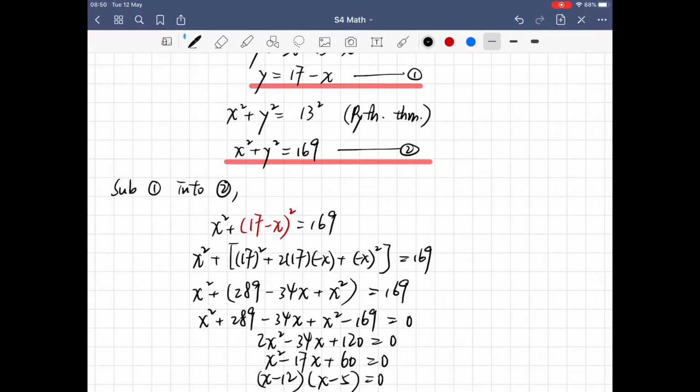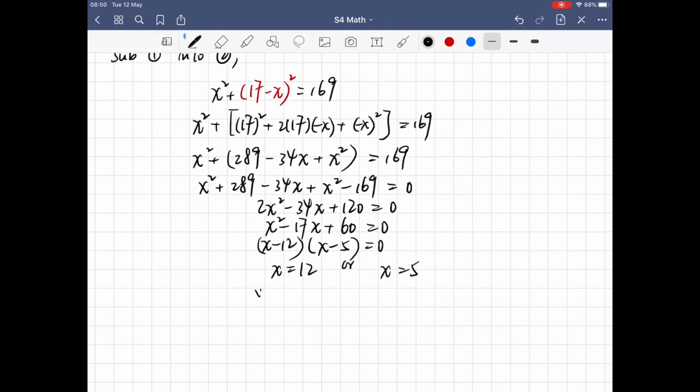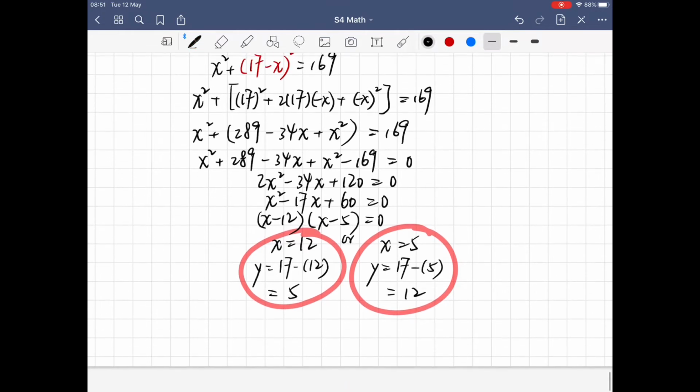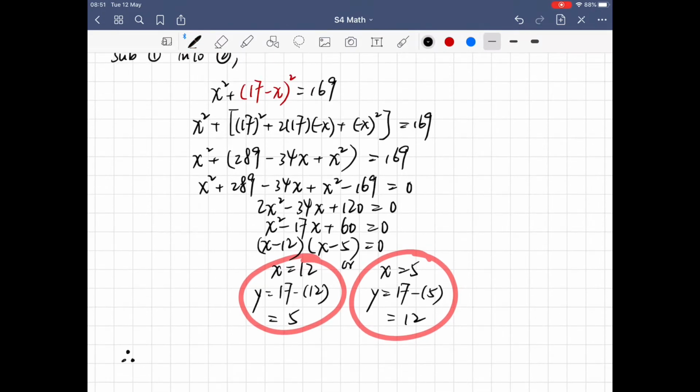Okay, 17 minus x, and therefore we get the result of y is equal to 5 or y is equal to 12. Okay, so as you can see, they represent the same set of solution. And therefore we can answer the question.